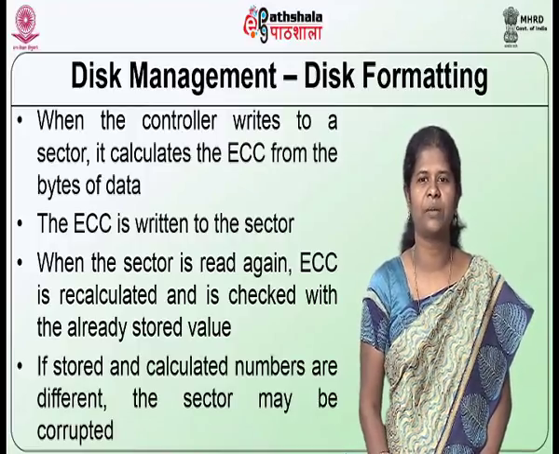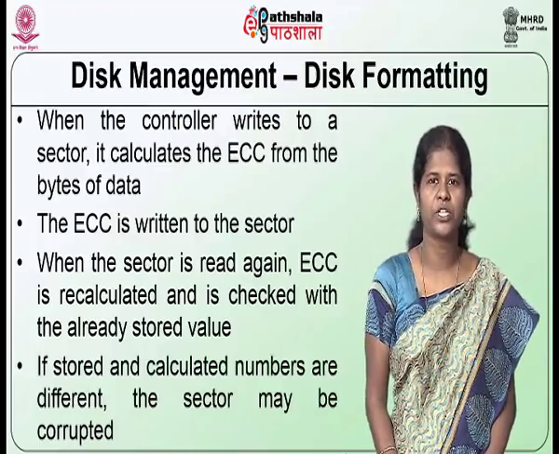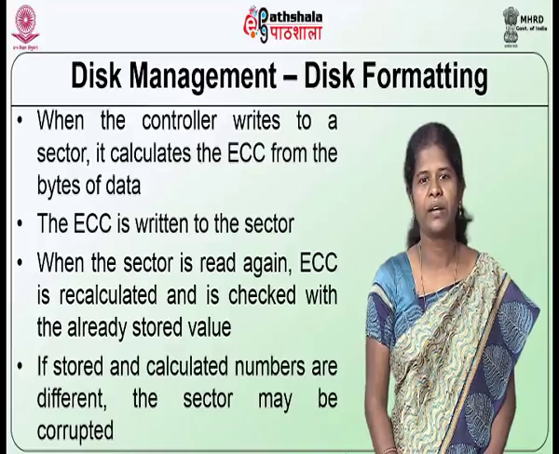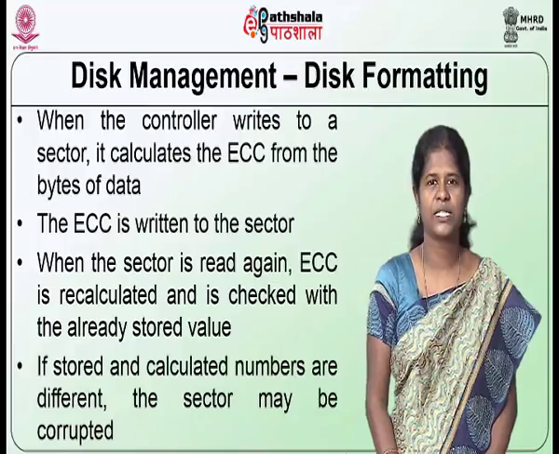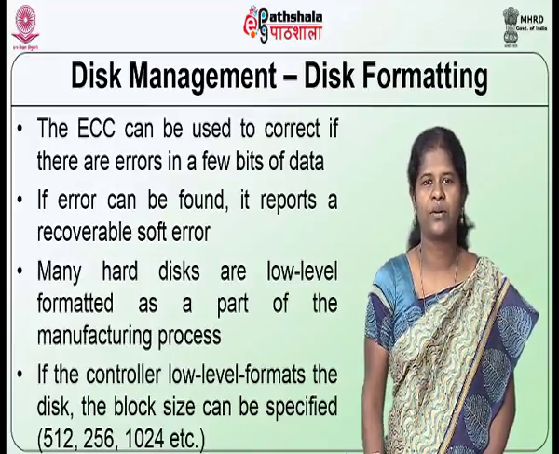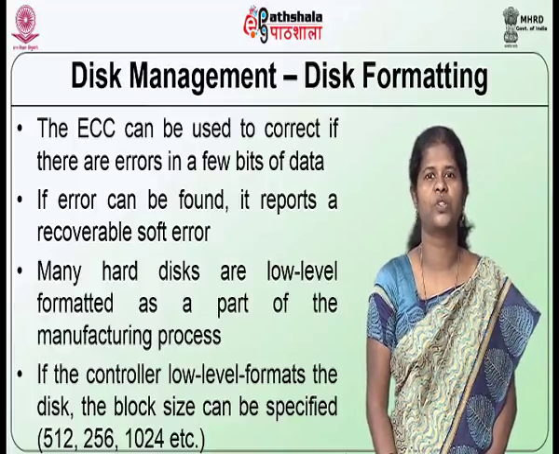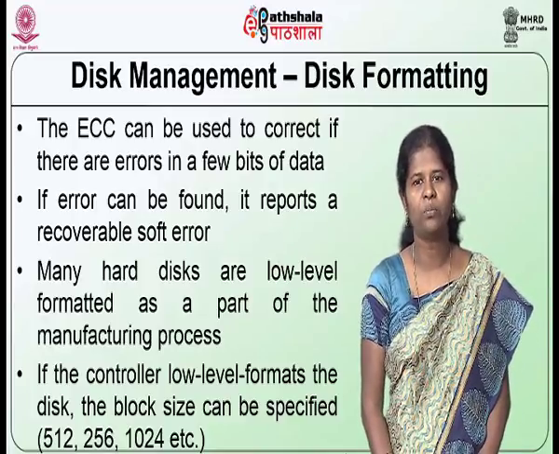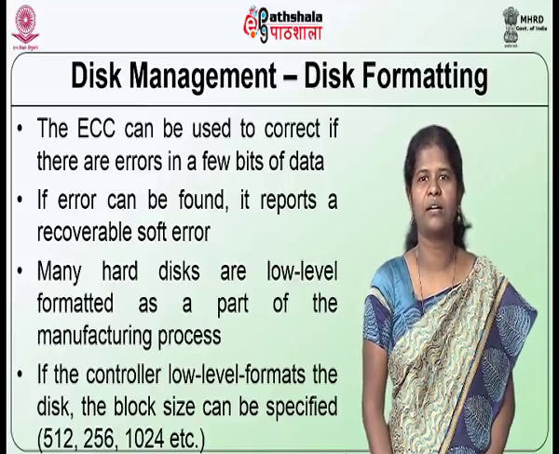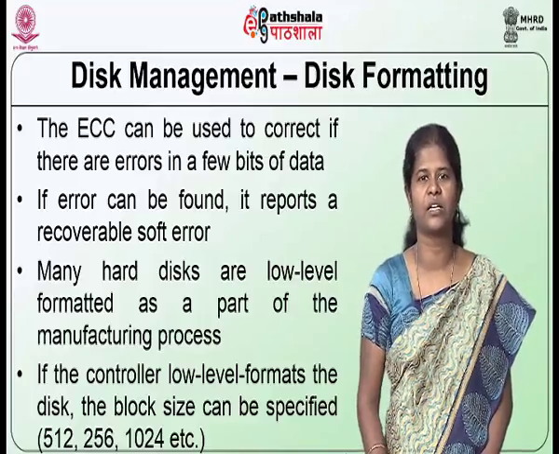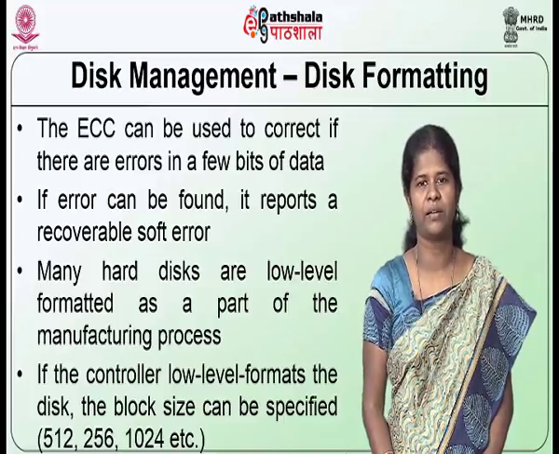If both are the same, then it means that the sector is good and there is no corruption of data in the sector. But if the stored value and the calculated value are different, then the sector may be corrupted. If it is corrupted, then we need to correct it. If only a few bits of data have been corrupted in the sector, then the data can be corrected using this error correcting code, but if there is error in many bits of data, then the error may not be corrected.